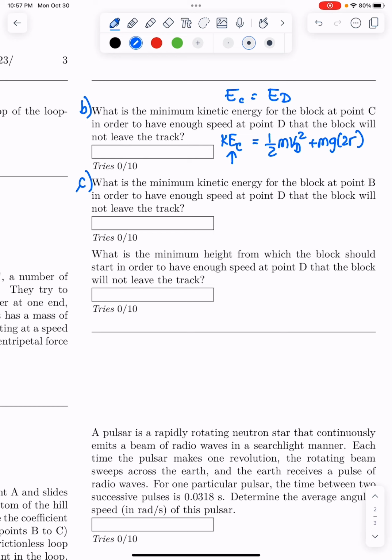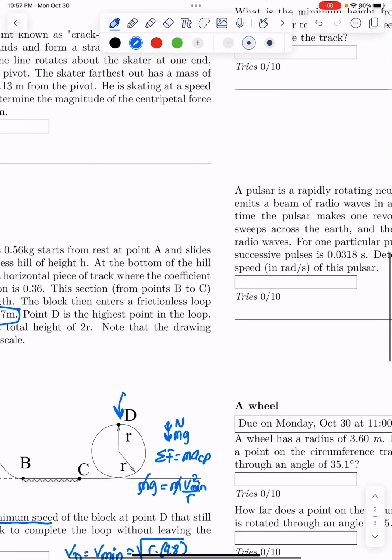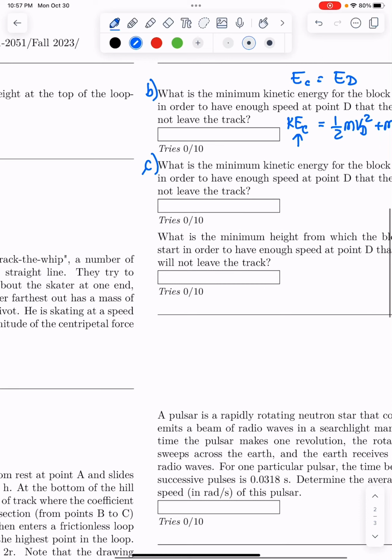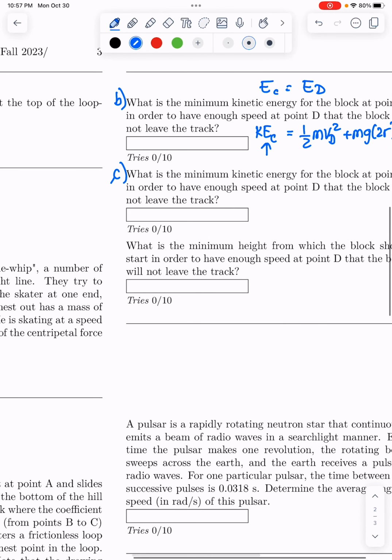The next part is asking what's the minimum kinetic energy at B in order to make it. So we go one step further, at B. Now between B and C there is friction, so something happened between B and C. Some energy that it has at B gets used as work done by friction. So this is about the work-kinetic energy theorem.